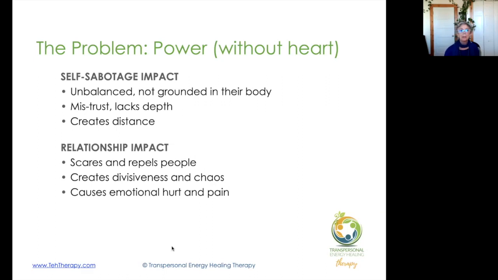They create distance from other people because people are oftentimes afraid of them. The relationship impact, I could say so much more about that, but I'm not going to talk politics right now. So relationship impact, it scares and repels people away from you. It creates divisiveness and chaos. It causes emotional hurt and pain.